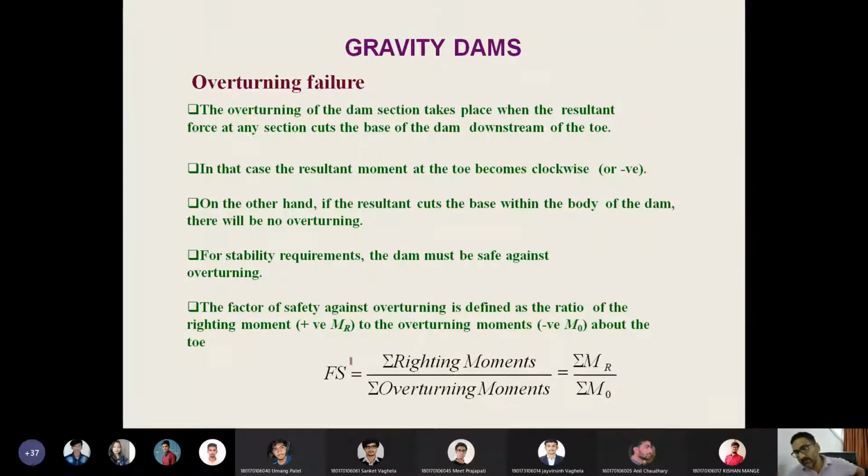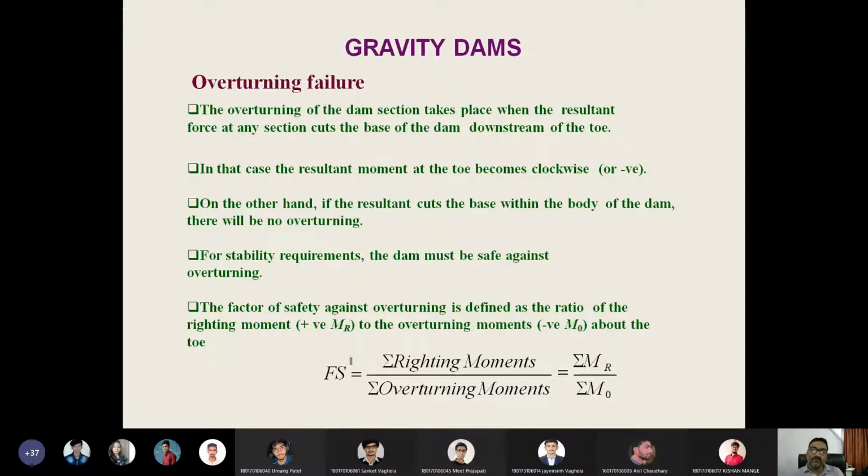Okay, now let's have a kind of analysis where we are going to understand all four types of failure. How could we protect our structure against these kinds of failure? How to do the design? So first is overturning failure, and overturning failure can be managed if we manage the righting moments and the overturning moments.